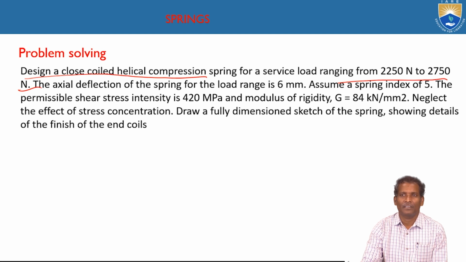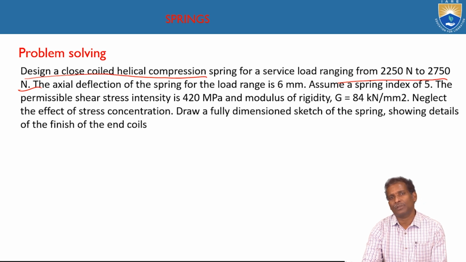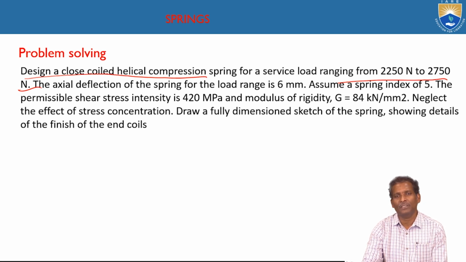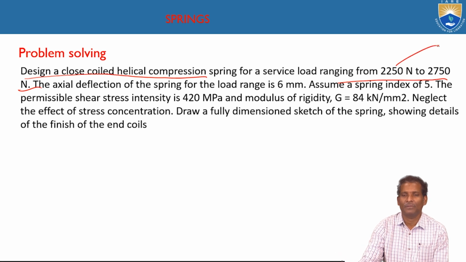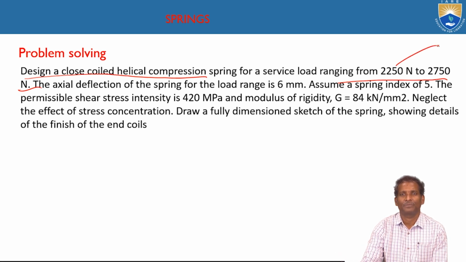Here the given load is not a constant load, not given directly as in the previous problem. The service load range is given as 2250 to 2750, so the load will vary from minimum to maximum value. The minimum is 2250 and the maximum is 2750.